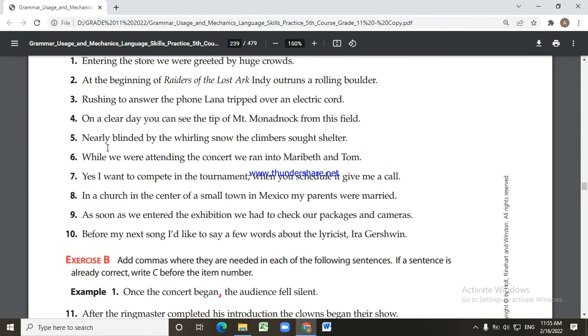For number five, yes, read number five. Nearly blended, yes, okay, read it. Okay, after the word snow. That's right. In number 6, yes, while we were attending the concert, add a comma, insert a comma before we.